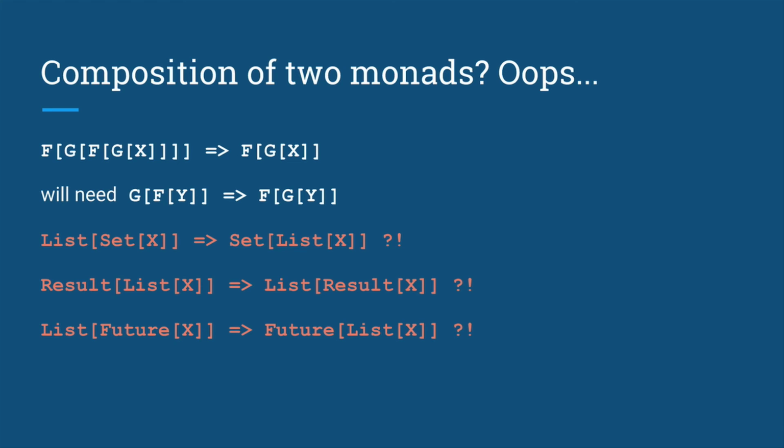So if we had a transformation from GF to FG, then we are lucky, right? We have FG, FG, transform the thing inside into FG, so we will have FFGG, and then we flatten them individually. So this transformation from GF to FG is called a monad transformer.